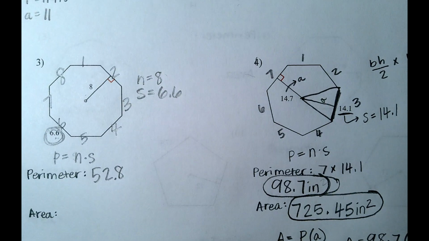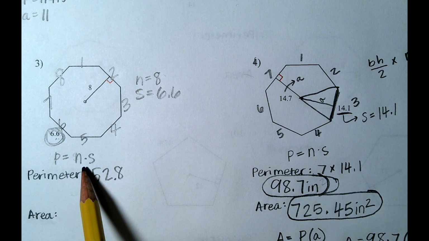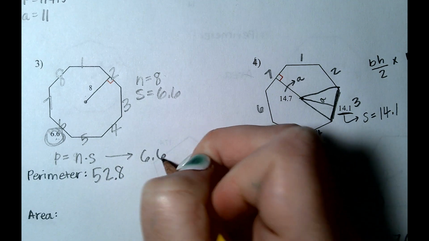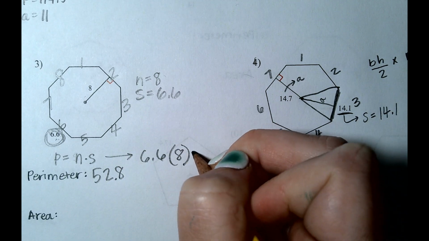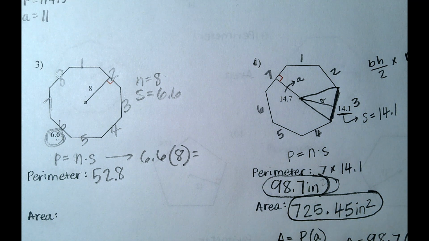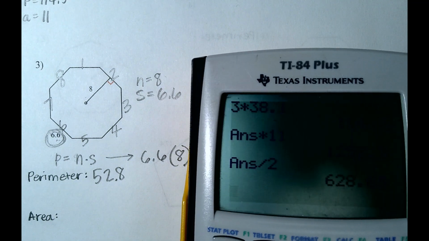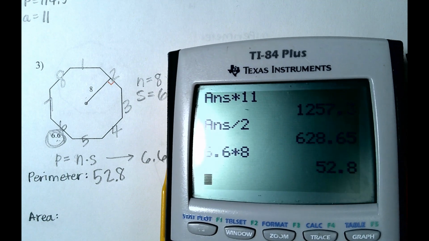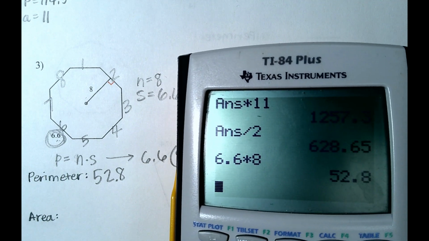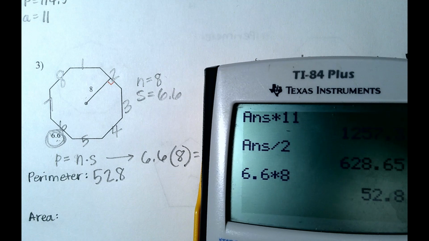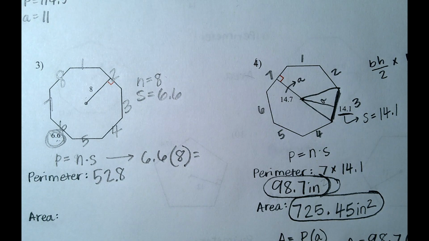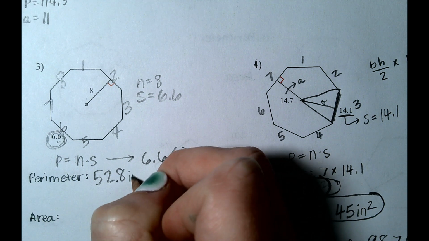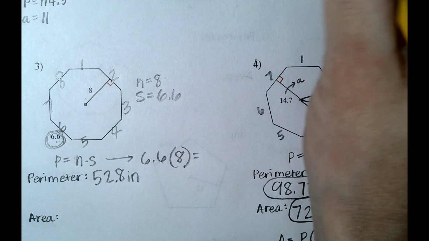Perimeter is the number of sides times a side. So 6.6 times 8, and I'll type it in. 6.6 times 8, and we get 52.8. Does that clarify it a little bit? Yeah. Good. And if there were inches for units, we would call that inches.